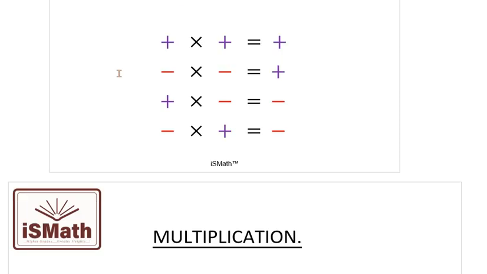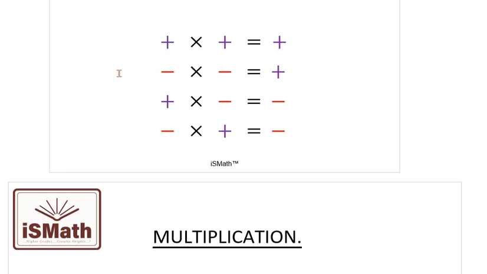So we say plus times plus. Whenever the directed numbers are both positive, your answer will be positive, because from that rule, SSP says same signs give positive. Same sign as well for negative: minus times minus will give you plus, or negative times negative will be positive.